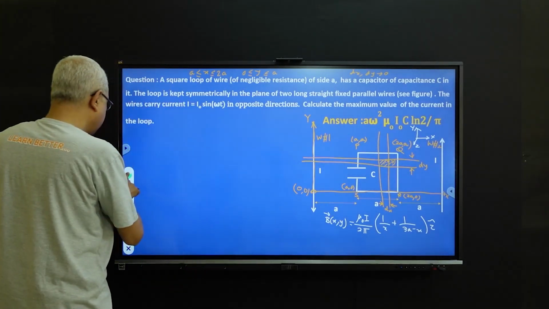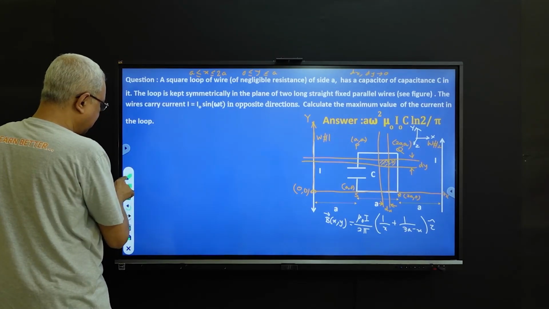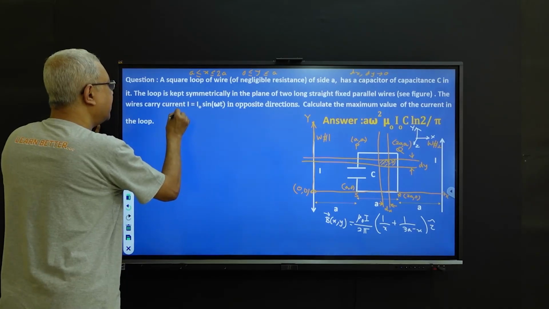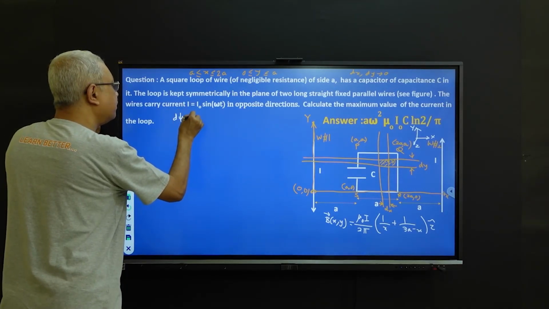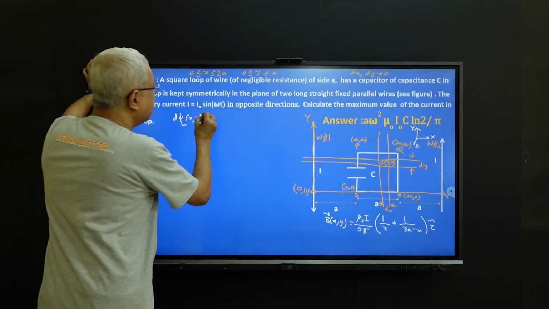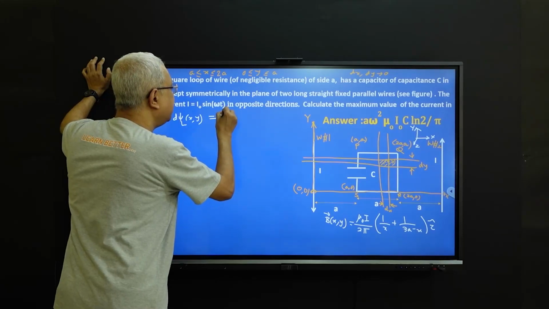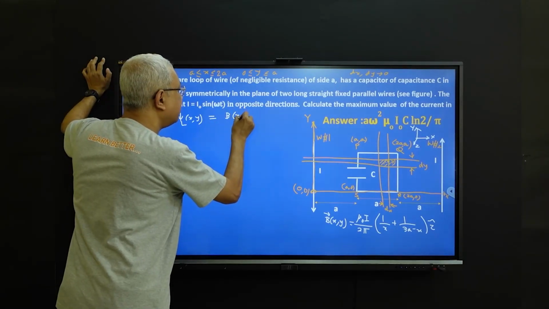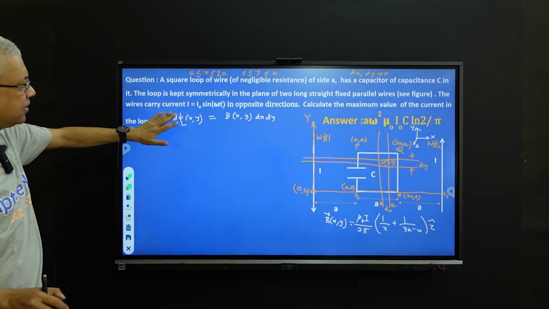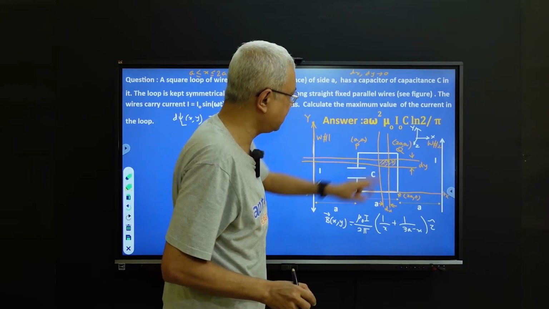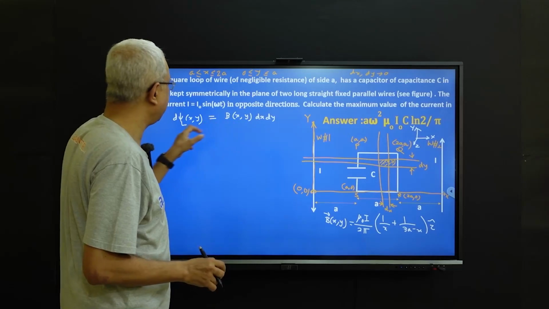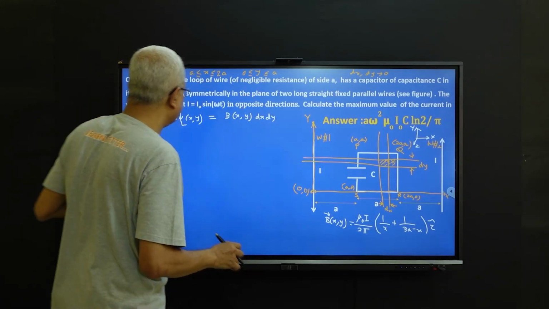If we call it d psi L, differential flux through the area surrounding the point x y, it is nothing but B(x, y) multiplied by dx dy. This is clear. This is the elementary flux linkage through this particular area dx dy, d psi L, where L represents loop.